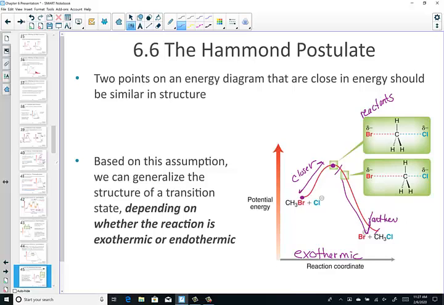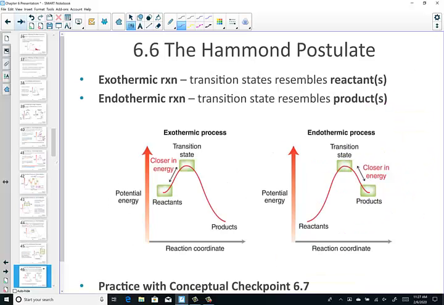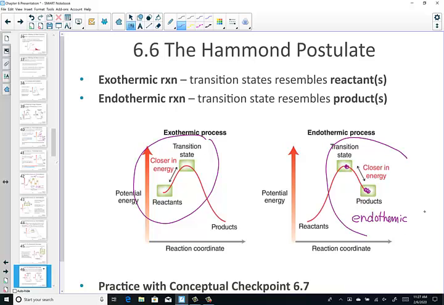And in a next diagram, when you see that your transition state for an endothermic process places the activation energy closer to the product, the transition state will closely resemble the products instead of the reactants. Exothermic transition states resemble the reactants. Endothermic, the transition states resemble the products.